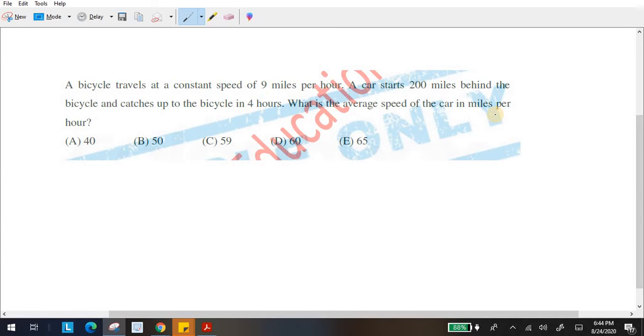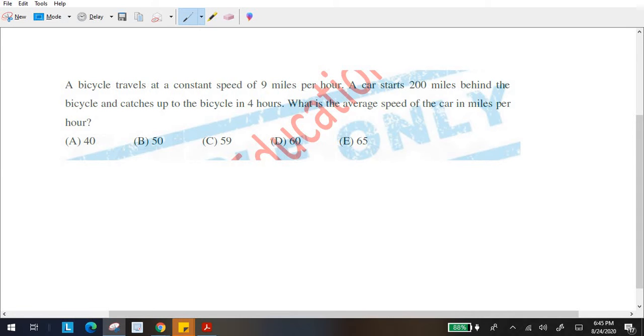So, first of all, in 4 hours, the bicycle is going to travel 36 miles, and 236 is the total the car needs to cover. 236 over 4 is going to be 59. Yes. It's a C.